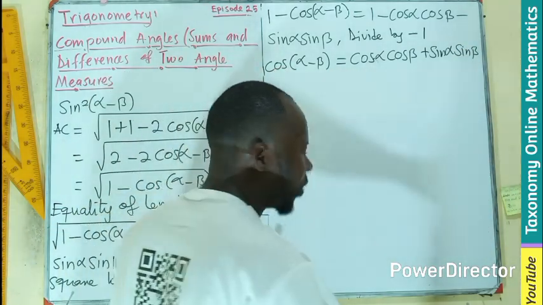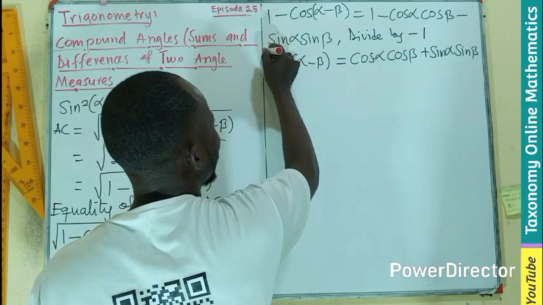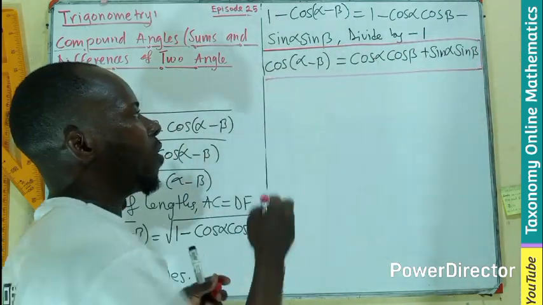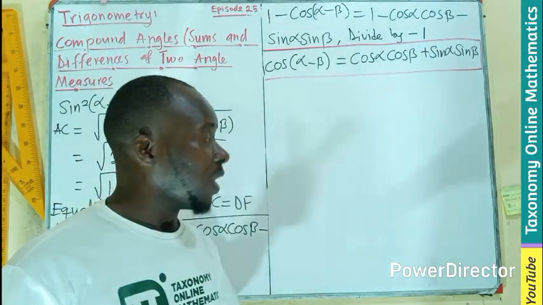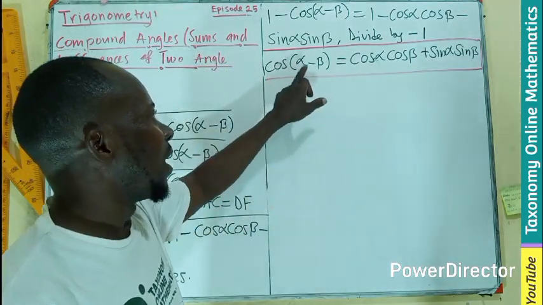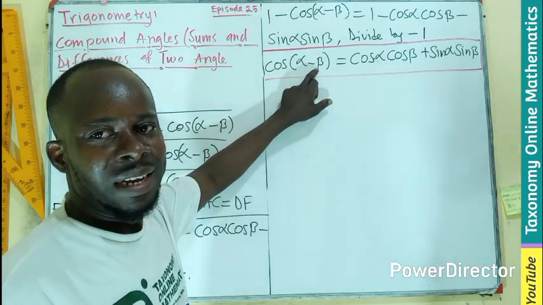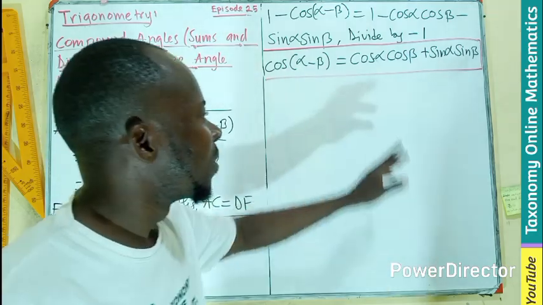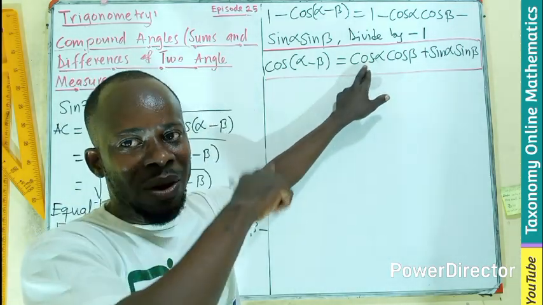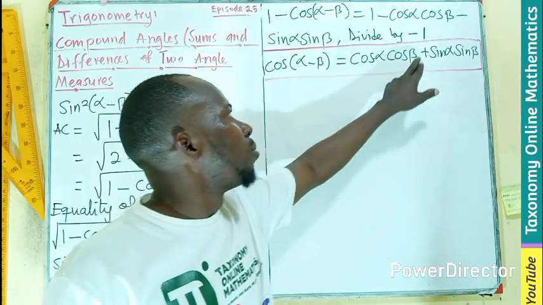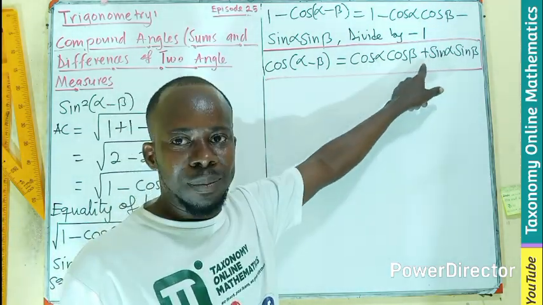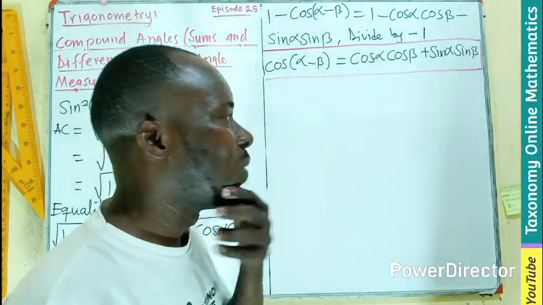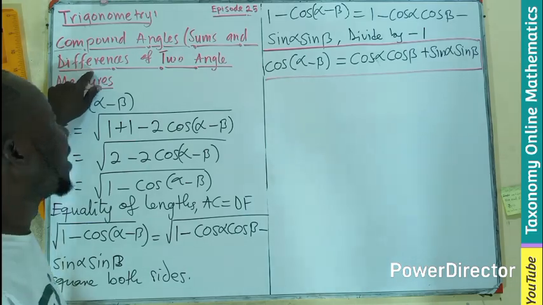So this is what we call the difference formula for the cos. So if you have two angles, that is cos alpha minus beta, the expansion or the formula to use when you have angles that are different is the cos of the first angle times the cos of the second angle plus, here is minus, but you're using plus, the sine of the first angle, then that of the second one. This is defining the difference.